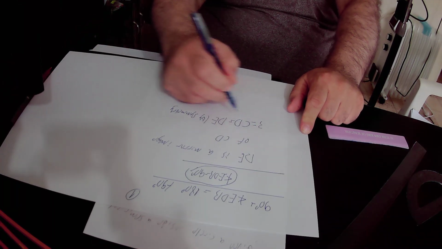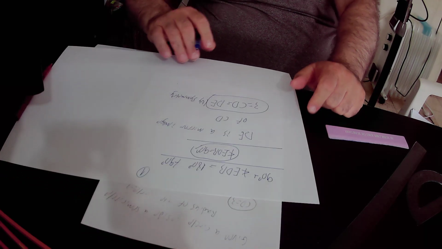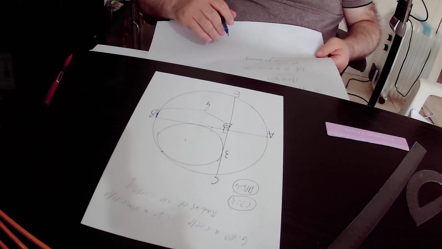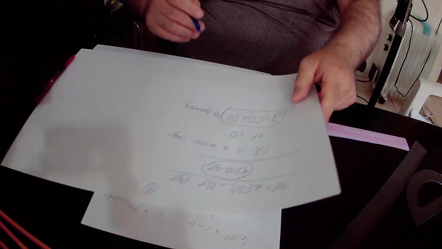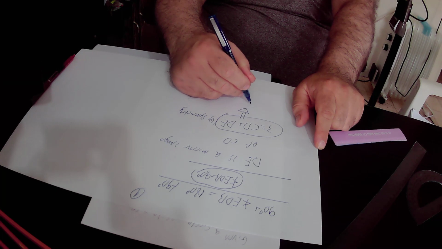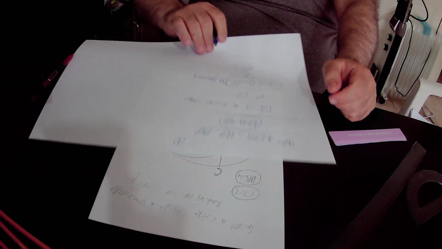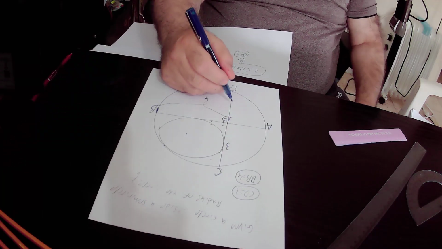So from the equation 3 equals CD equals DE, we derive that DE is also equal to 3 units. Okay, so we found out that DE equals 3 units.